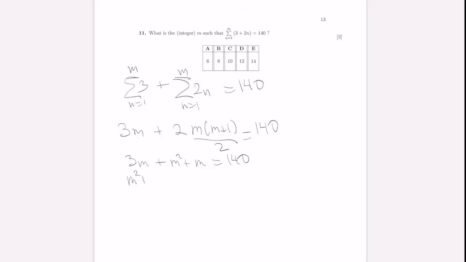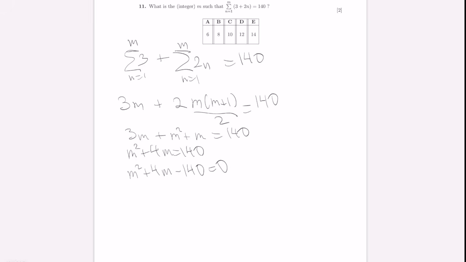M squared plus 4m is equal to 140, meaning that m squared plus 4m take away 140 is equal to 0. I don't think this is factorizable, so what we're going to do is find the roots, m1,2.